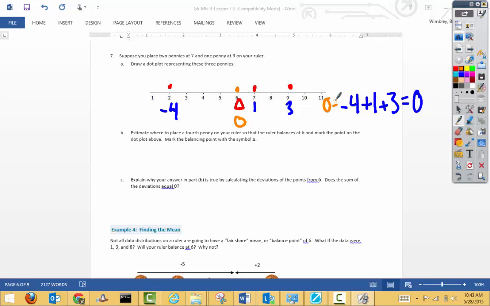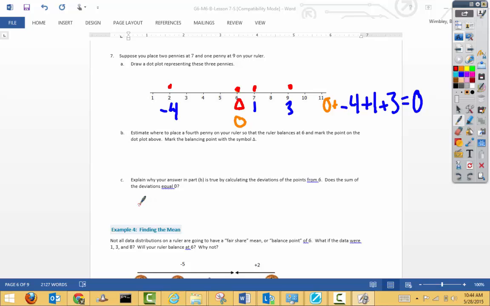Can I add 0 to this and it will still be 0? Yeah. So what I need to do is add that penny right on top of the balancing point. It makes sense too. If this ruler is balanced, I can put stuff directly on top of it and it's not going to make it unbalanced. Okay, so now I need to show how this is true by calculating those deviations.